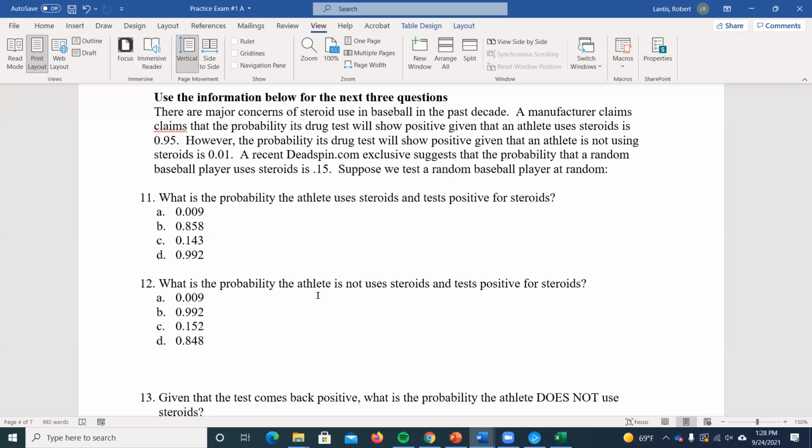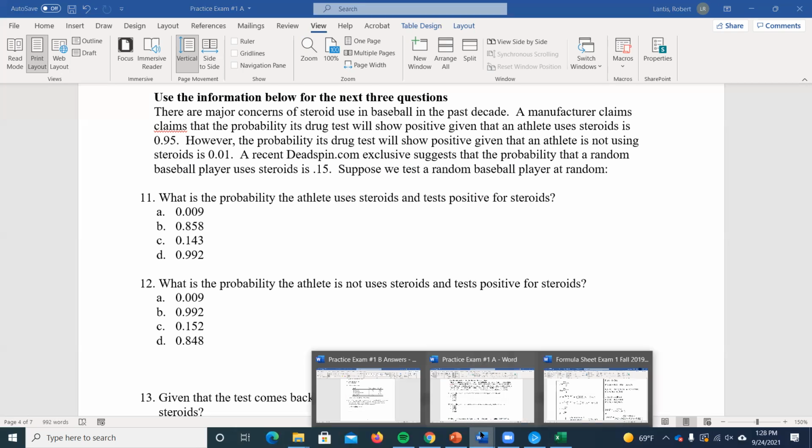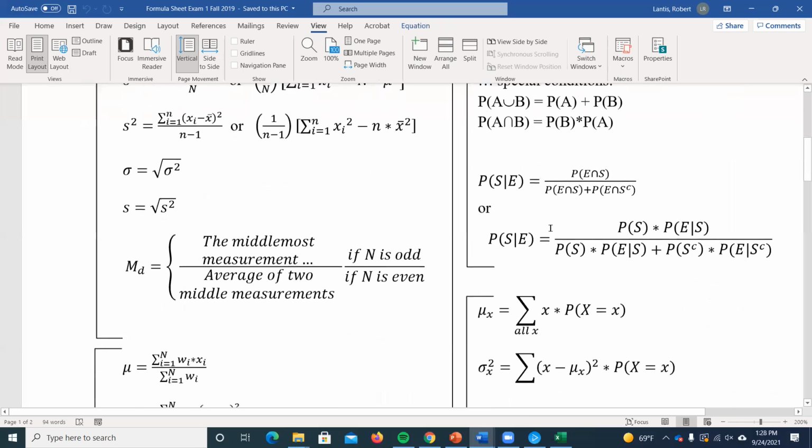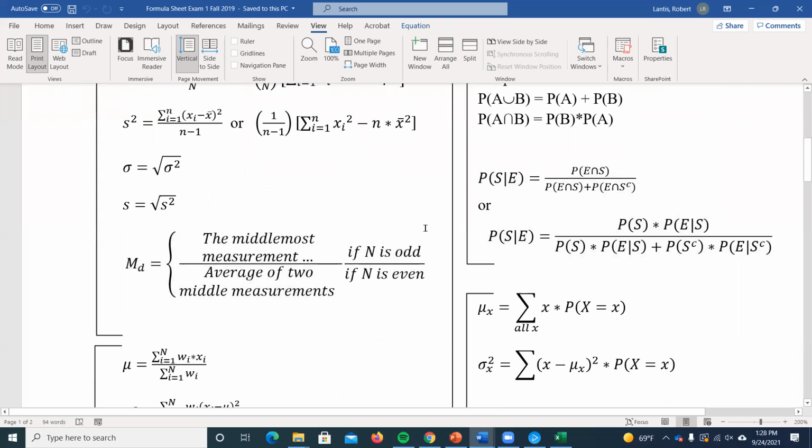But I had all that work done ahead of time, and I hadn't asked you those leading questions. What you're going to have to do here is use Bayes' theorem, but write it out in the context of your example. If we go to that formula sheet, we've got Bayes' theorem right here. If I've got the intersections, I could plug those right in.